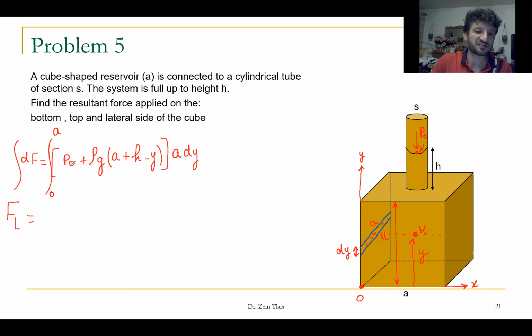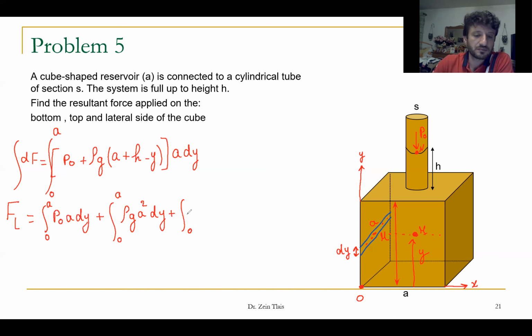Here we have P0 a dy, plus rho g a times a, we have a square dy, plus rho g a h minus dy, minus integral from 0 to a of rho g a y dy.